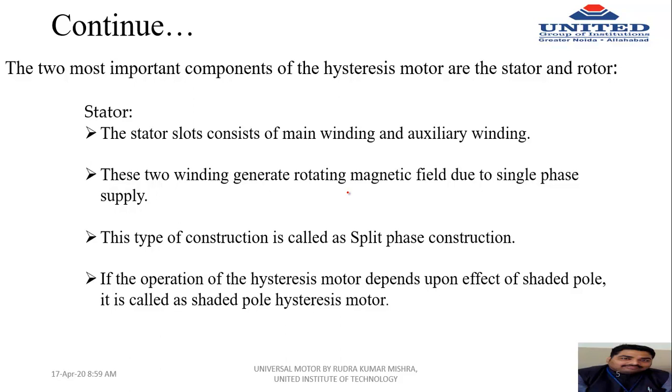These two windings generate rotating magnetic field due to single phase supply. This type of construction is called split phase construction. If the operation of hysteresis motor depends upon the effect of saddle pole, it is called saddle pole hysteresis motor.